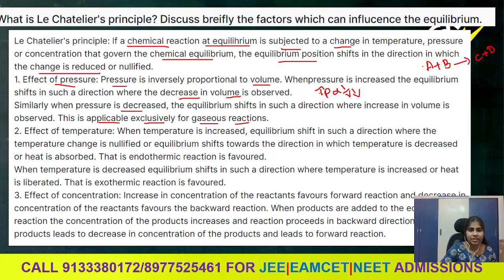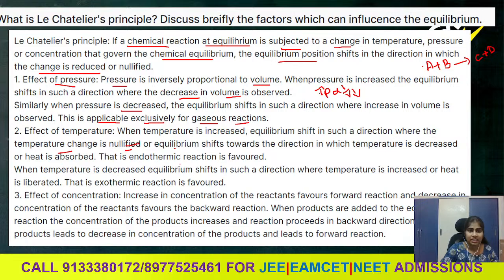And next, the effect of temperature. What happens if temperature is increased? If temperature is increased, the equilibrium shifts in such a direction where the temperature change is nullified. It means where the temperature change is less or suitable for the reaction, the equilibrium will shift in that direction.